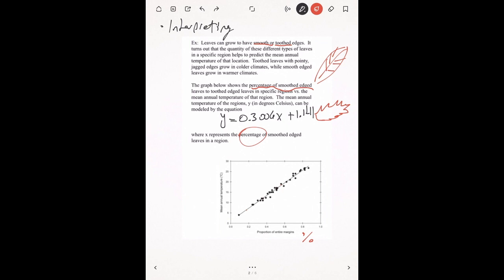I'm always a little surprised when students do that because I often say to them, look at the equation. Aren't you given the slope? That's the slope right there: 0.3006.